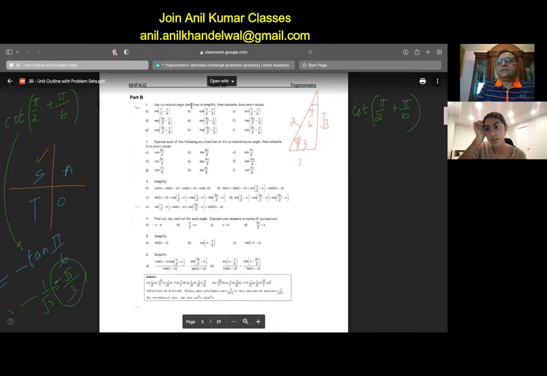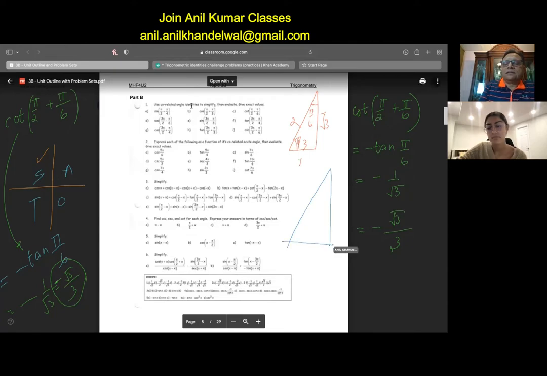So cofunction: this is equal to minus tan of pi by 6, and tan of pi by 6 is 1 over square root 3. What happened to the pi by 2? No, that is the cofunction identity. So when you do pi by 2 plus theta, then it becomes tan. Do you get the idea? Let me go back to the cofunction identity so that it's absolutely clear to you.